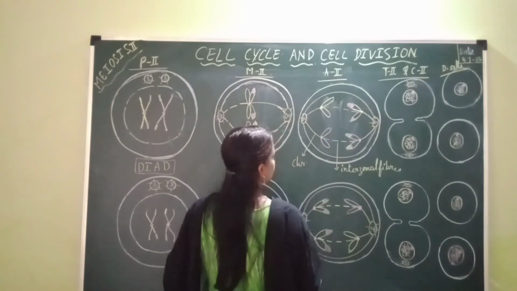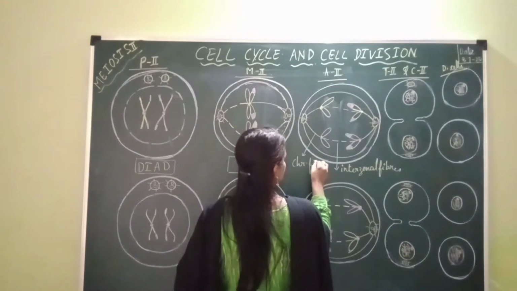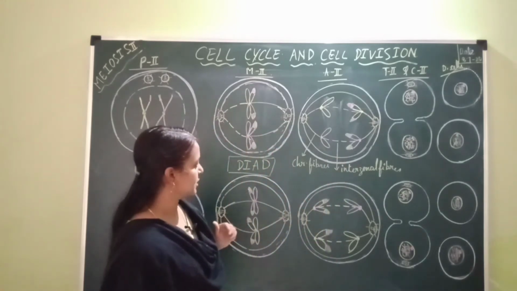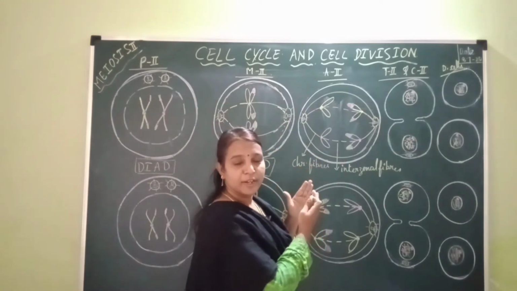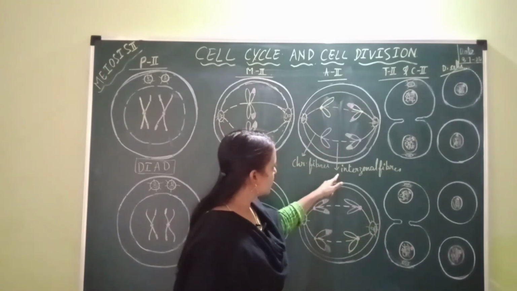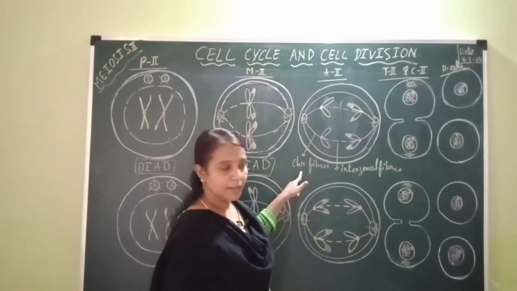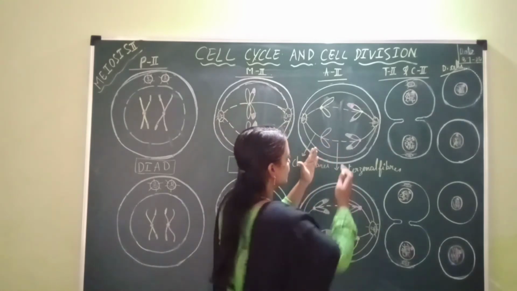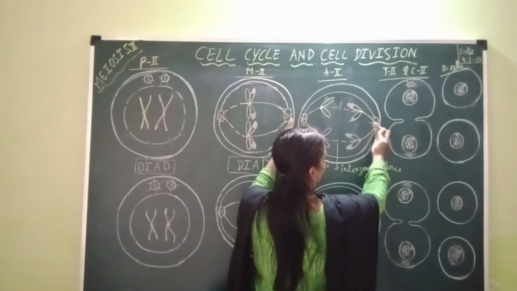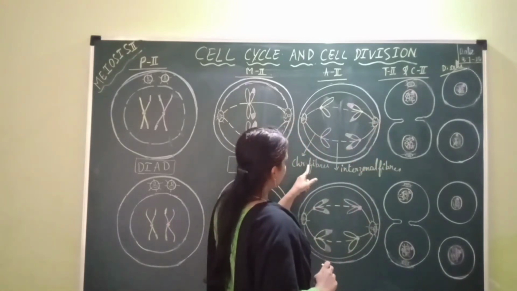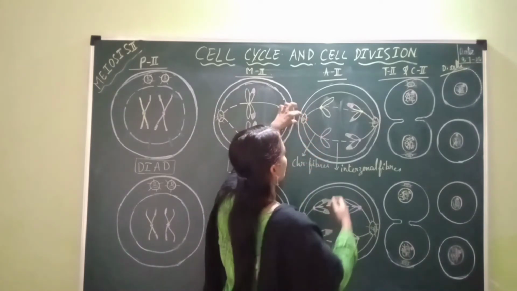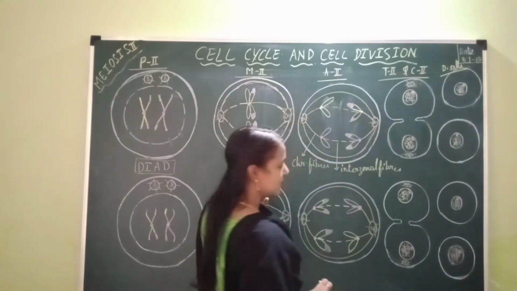We already discussed what these interzonal fibers are. I explained about these interzonal fibers in the anaphase of mitosis. So movement of chromatids towards two opposite poles occurs with the help of interzonal fibers and chromosomal fibers. These interzonal fibers undergo expansion and push these chromatids towards two opposite poles of the cell, whereas chromosomal fibers undergo disintegration and pull these chromatids towards two opposite poles of the cell.